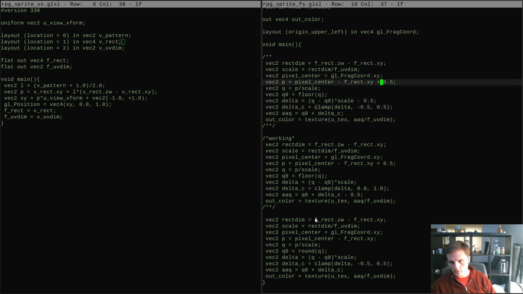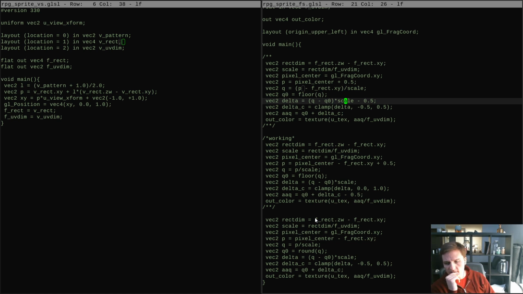Now, I'm gonna put this in here. I can push the 0.5 down through the system. So there's a 0.5 there. That becomes plus 0.5 divided by scale.